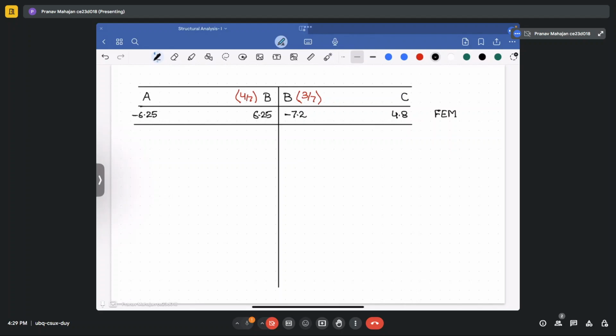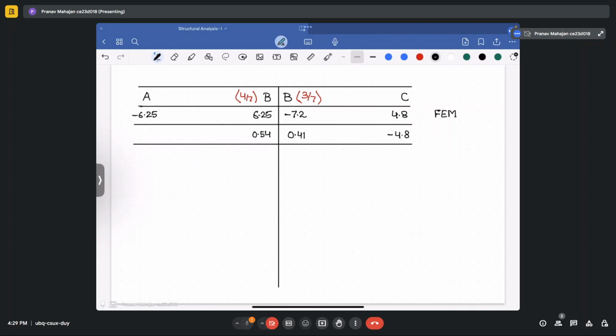So we will multiply 0.95 into 4.7. We will get as 0.54 here and then 0.41 here. Okay. So since this end is hinged, this will be minus 4.8. This is your distribution of unbalanced forces.